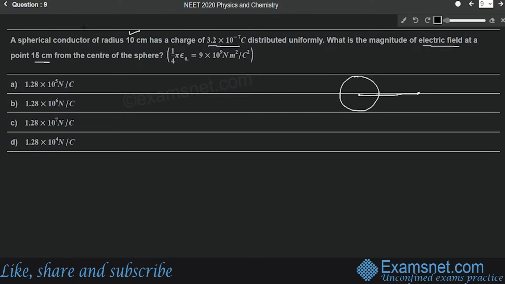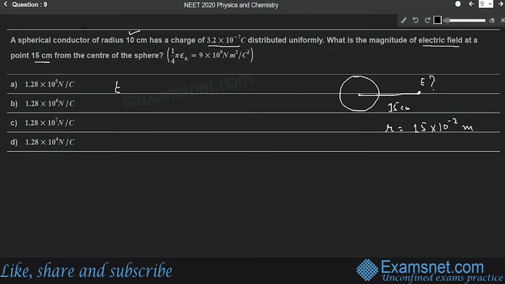What is important is this distance, 15 centimeter. This distance is from the center to the point at which we have to find the electric field. So 15 centimeter means 15 into 10 to the power minus 2 meter. We'll put the value in meter.